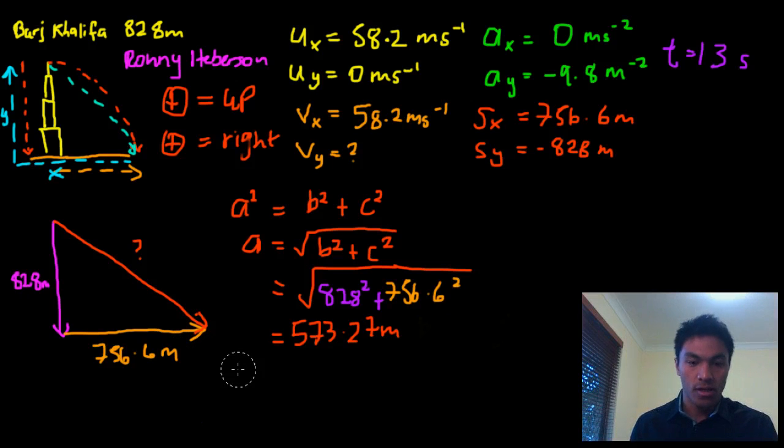We can calculate a couple of different things. We can actually calculate this angle, which is going to be the angle to the horizontal. But remember, we want to calculate it from its origin. So this is its final destination, and we want to calculate it from its origin.